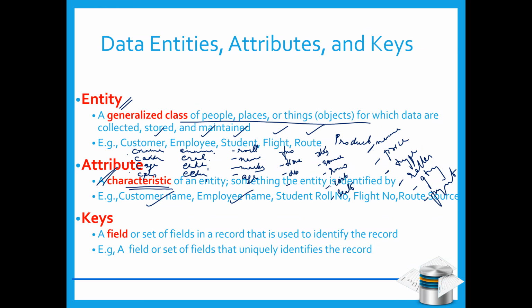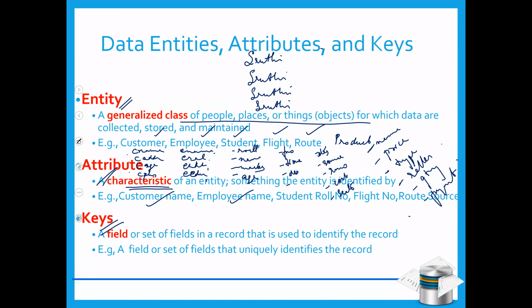Now, a very important concept called key. Now, look, let's think about customer, or let's think about student. I'll write over here. I have in my class a student called Shruti. I have 4 Shrutis in this class, isn't it? I have Shruti. I even have Shruti. Okay. Let's say marks are different.